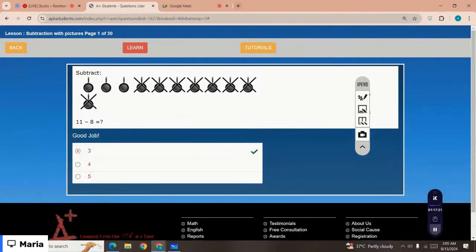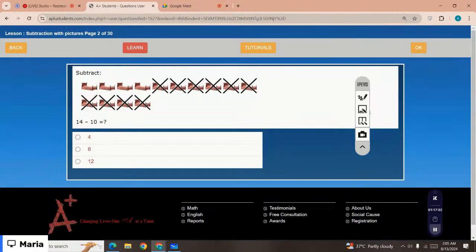Okay, the next one is 14 take away 10. So which is the correct option?